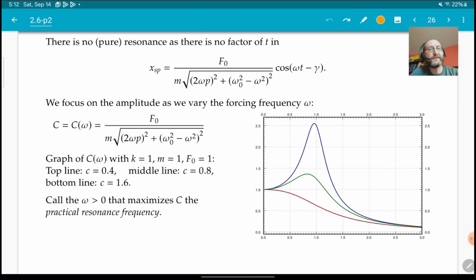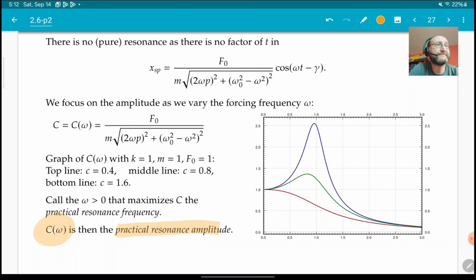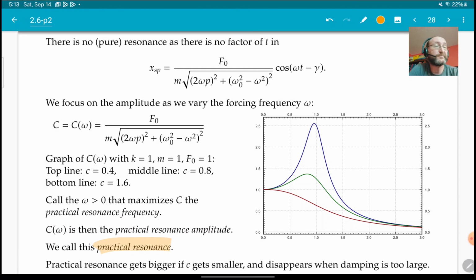Now again, it's not resonance. We're calling it practical resonance. So the omega, for example, slightly less than 1 over here, that's maximizing the amplitude. We're calling it the practical resonance frequency. The actual amplitude, we're calling the practical resonance amplitude, and this whole thing is called practical resonance.